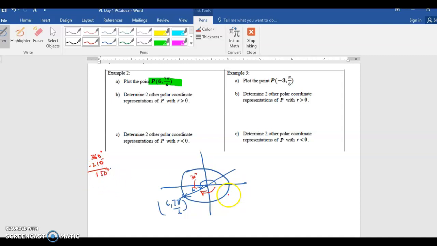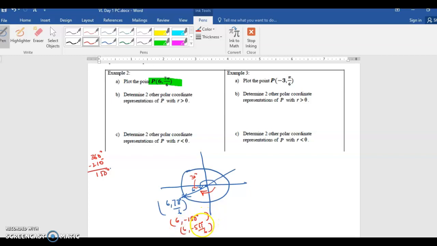You can get here in the negative direction, -150 degrees. So you can write the same thing as (6, -150°), and you know that -150° is -5π/6. So (6, -5π/6).